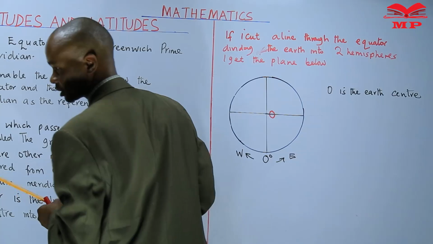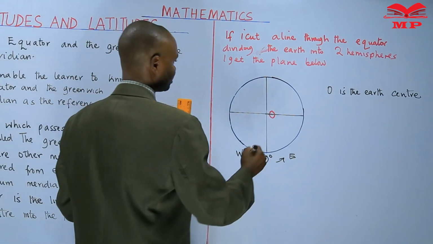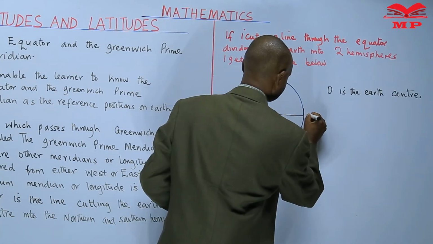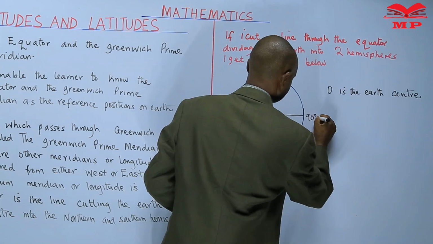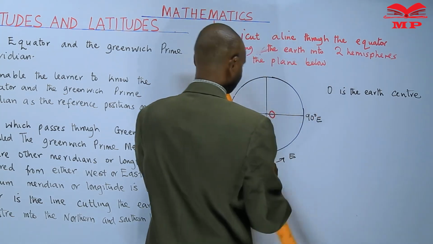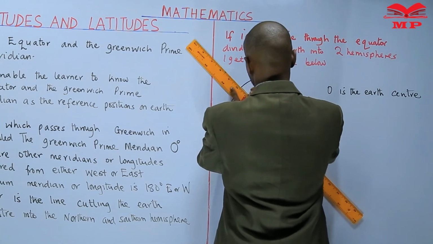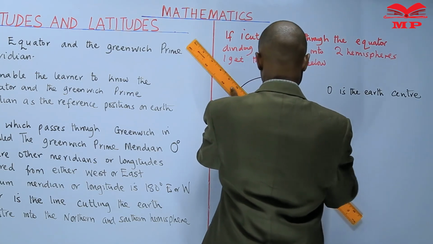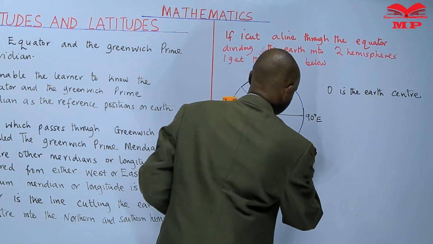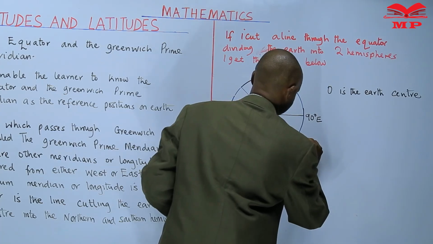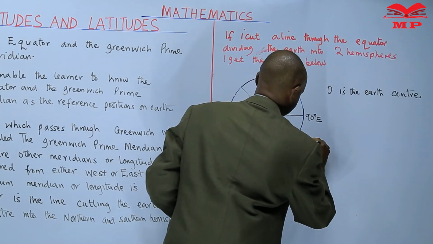If you reach this place, if there is a point, this will be 90 degrees east. This will be 45 degrees east.